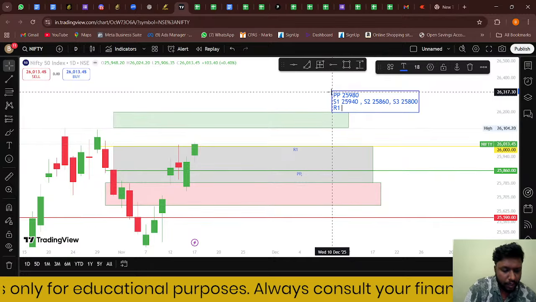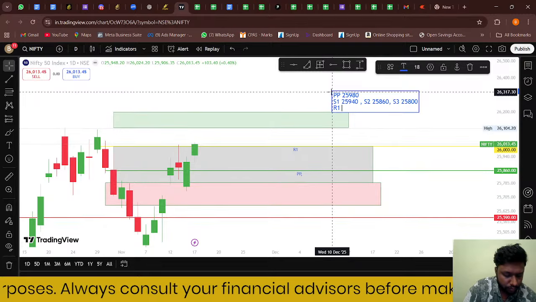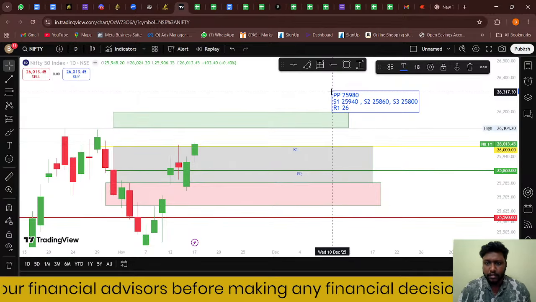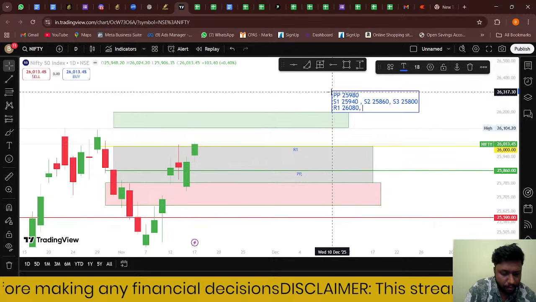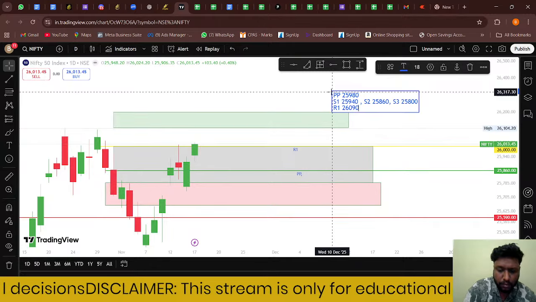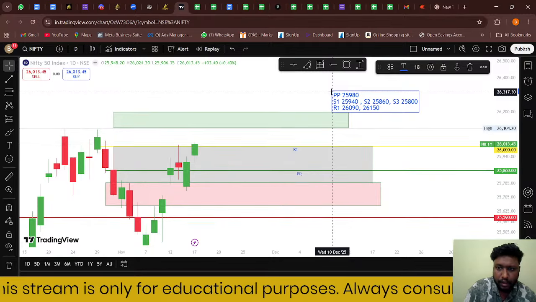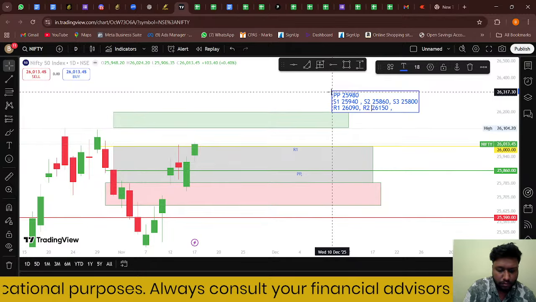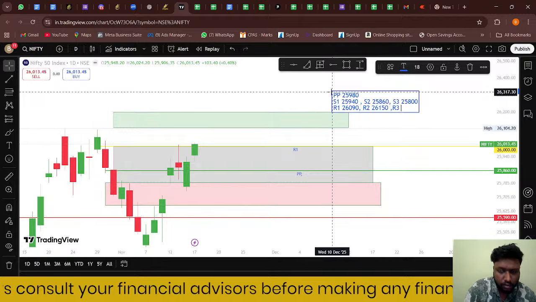R1 will be at 26,080. Oh, it's not 80, it is 86, so we'll mark it at 90. 26,150 we can consider as the R2, and R3 will be at 26,200.